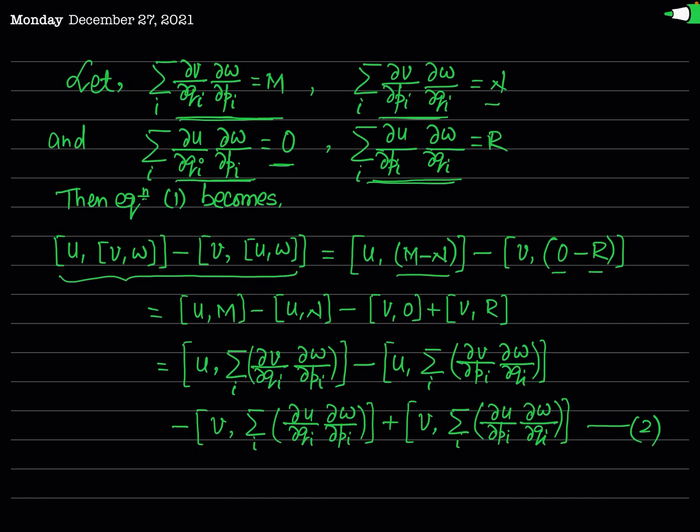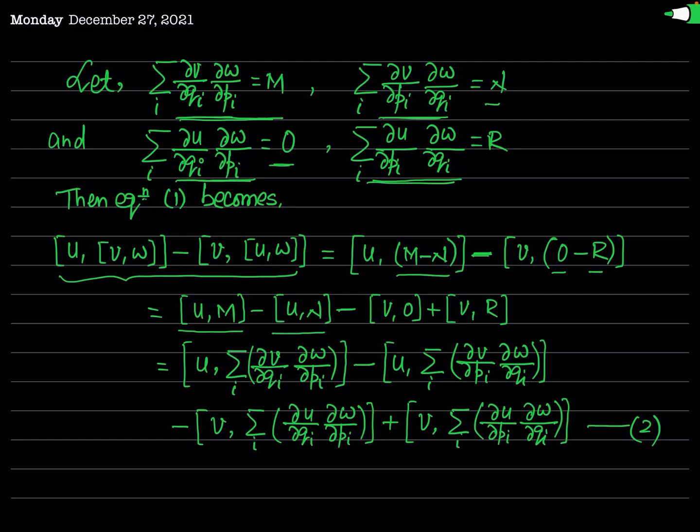From the property of Poisson bracket, this is equal to the Poisson bracket of U and M minus the Poisson bracket of U and N. And for the second term, since there is a minus sign, the Poisson bracket of V and O minus R will be the Poisson bracket of V and O minus the Poisson bracket of V and R, and with the minus sign this becomes minus the Poisson bracket of V and O plus the Poisson bracket of V and R.